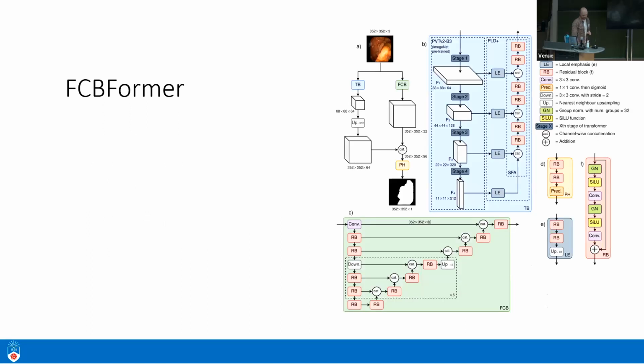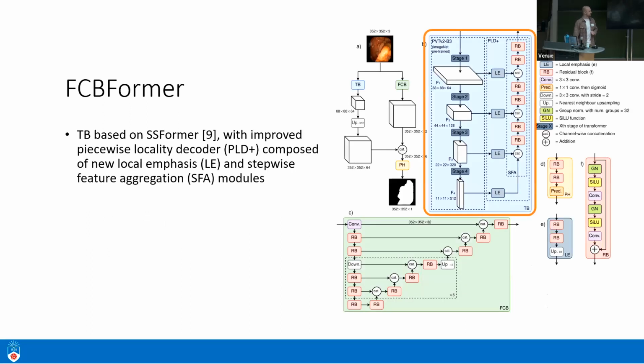So to go into it a little lower level, to start off with, we have the transformer branch. As I say, this is based on SS-Former, and I'll be more specific on the distinctions in a moment. You can see the arrow coming in from the top left, and it comes down through this transformer.